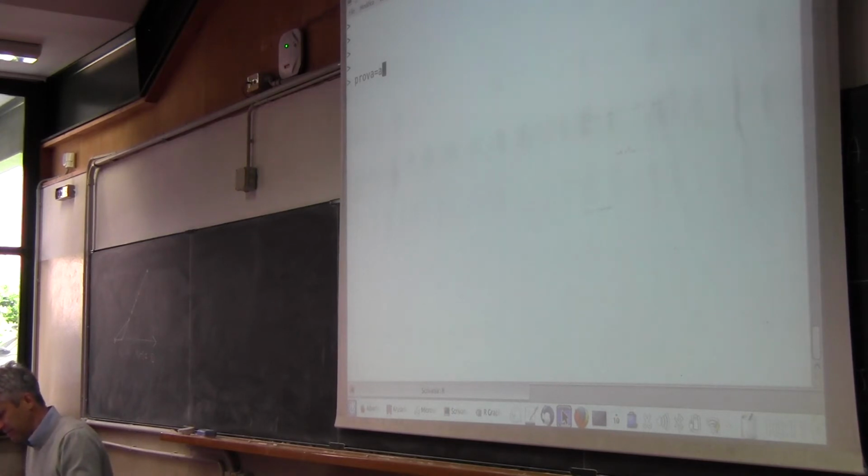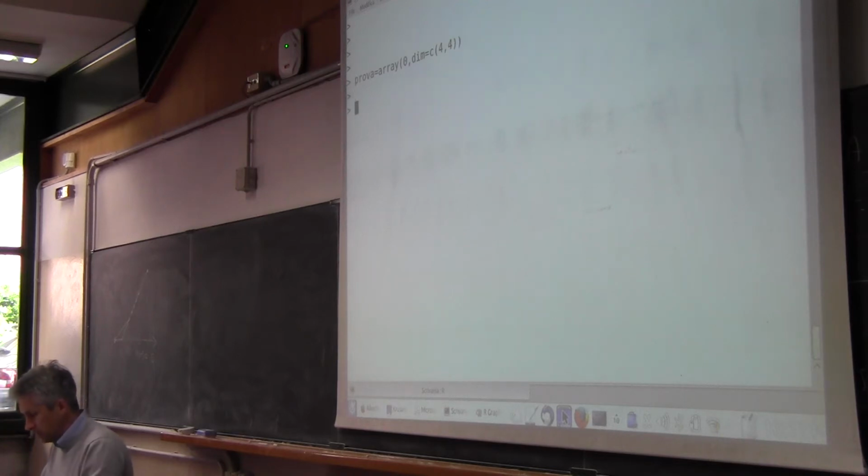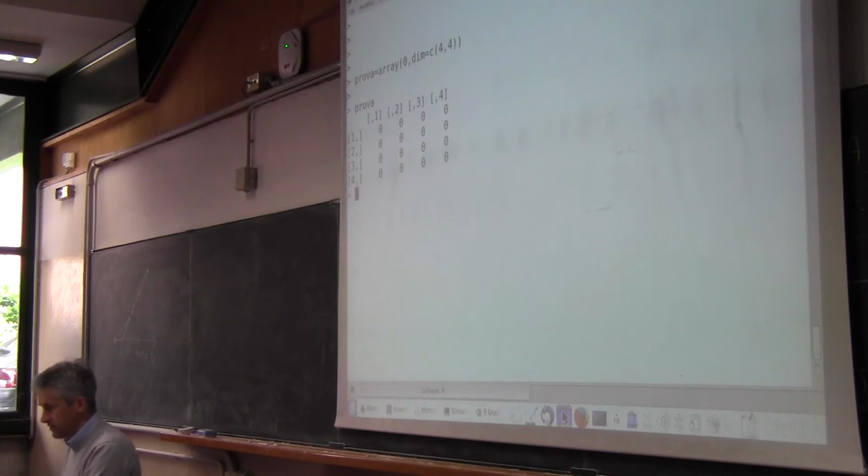This is my array. Array 0, which means that I put zeros for now there. I'm just defining it. Dimension equals c(4, 4). So now, if I display my array, that's it.